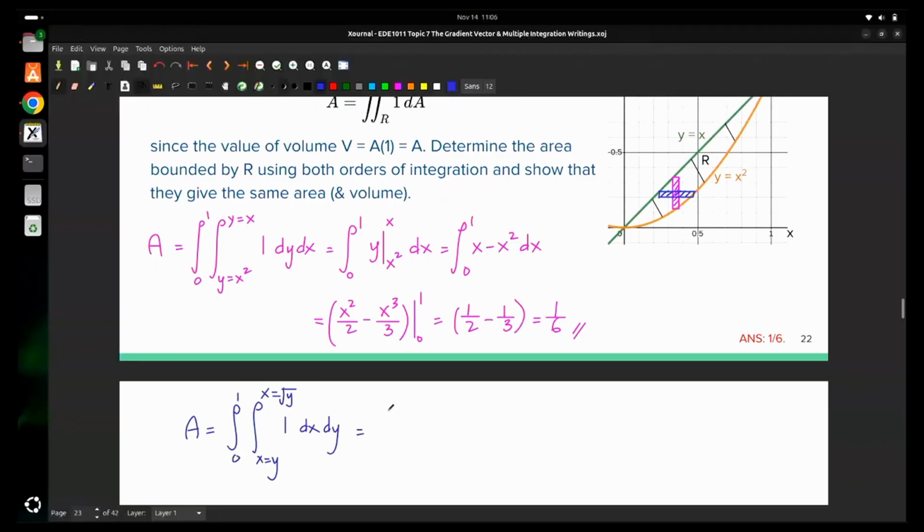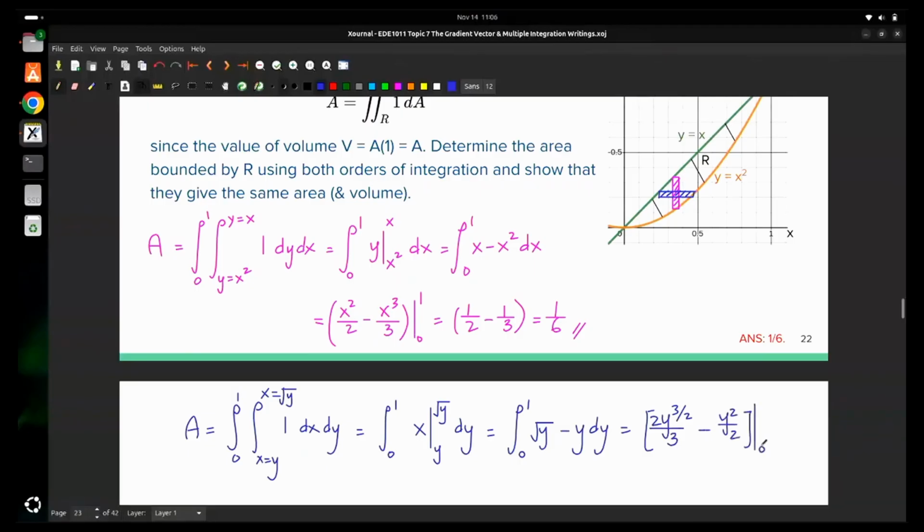Now I integrate the inner integral first. It's just going to be x, then sub in root y and y accordingly. After that, I have root y minus y dy. Root y is really just y to the power of half, so I should get y to the power of 3 over 2, with a 2 over 3, then minus y squared over 2.